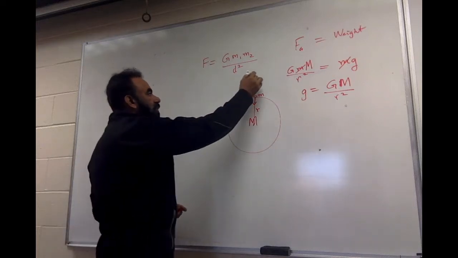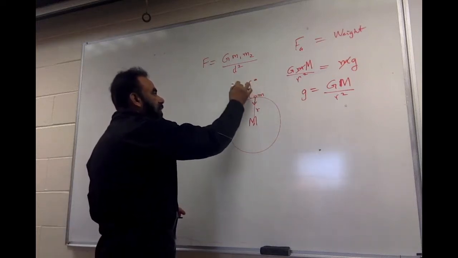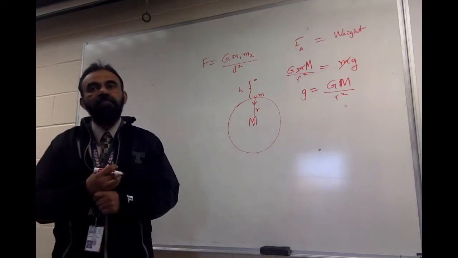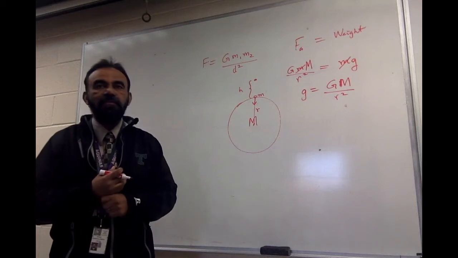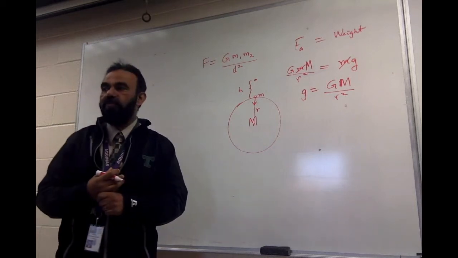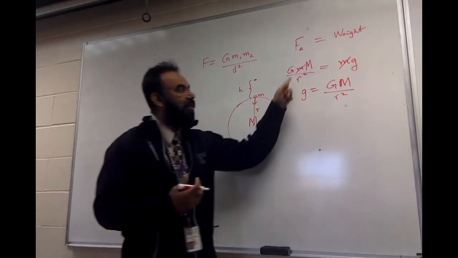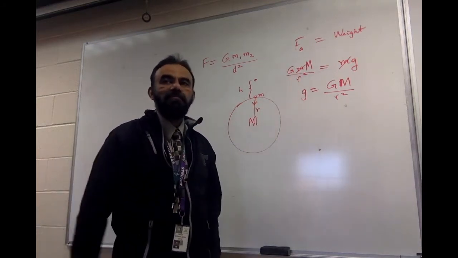Now if I'm taken to a different height, let's follow the same thing. I definitely weigh less over there because I'm going further away from the Earth. Now how will this equation be changed?